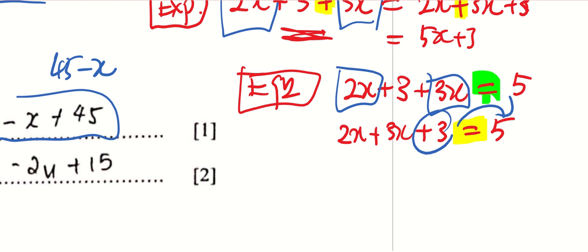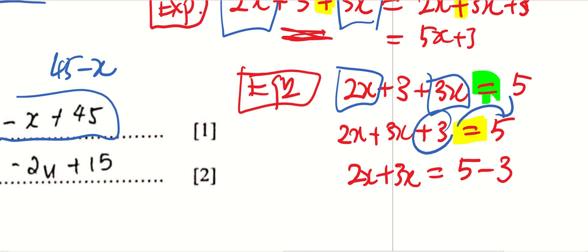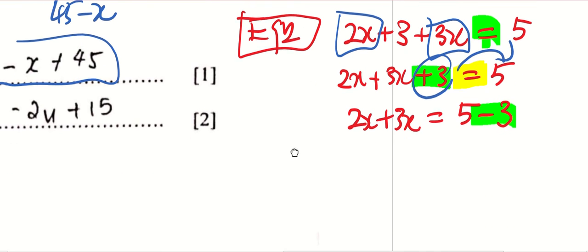Can you see that? Therefore, there is a need to change sign. This is the difference. Plus 3 becomes minus 3 because I move it across the equal sign. This is when you need to change signs. To repeat, this 3x, when I move it over, has no change in sign because I did not move across an equal sign.